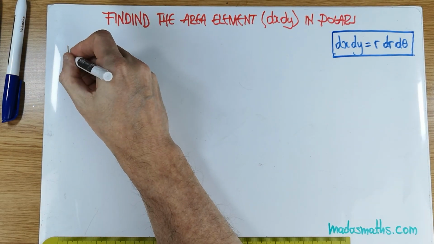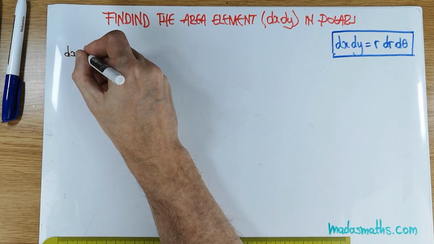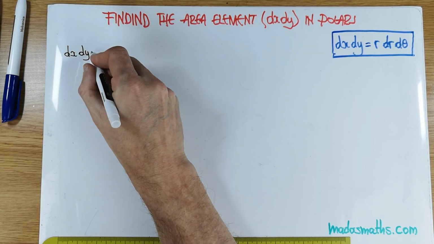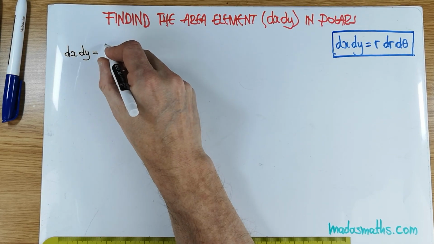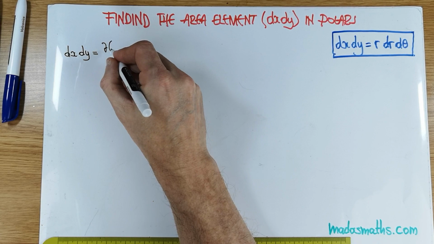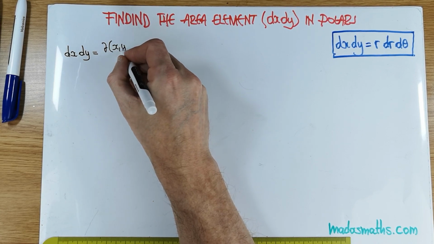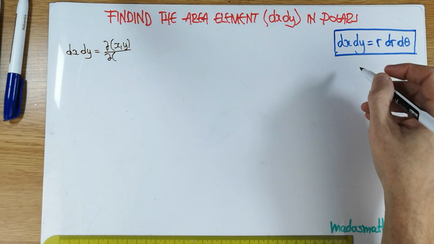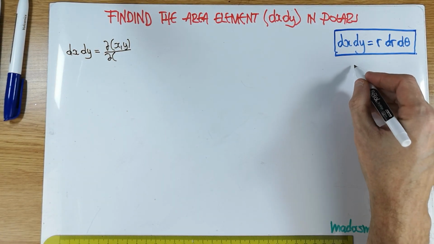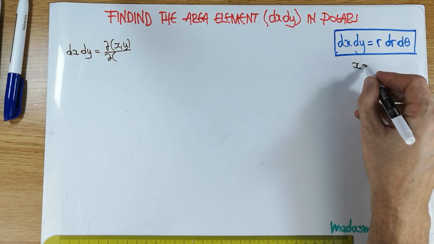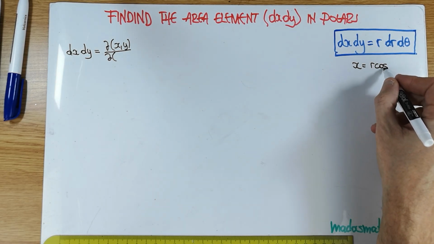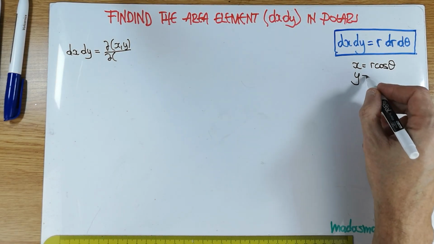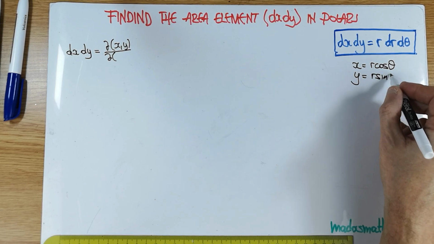So we want to find dx dy, and this is the Jacobian matrix, d(x,y) over d(r, theta). Of course, in polars, the equations, I'm going to write them here, are x is r cos theta and y is r sine theta.